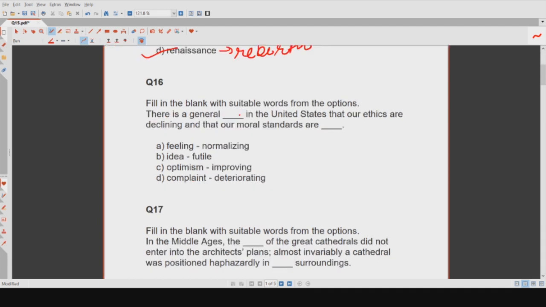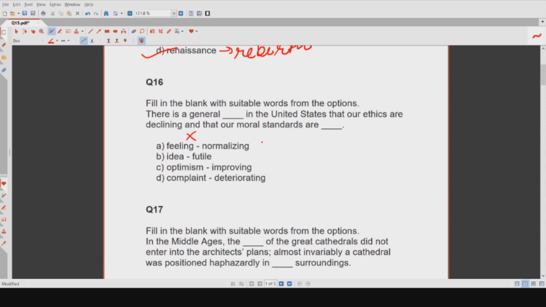Question 16. Fill in the blank with suitable words from the options. There is a general dash in the United States that our ethics are declining and that our moral standards are dash. Here, there is a general dash in the United States. So, there is a general feeling in the United States. No, this is wrong.